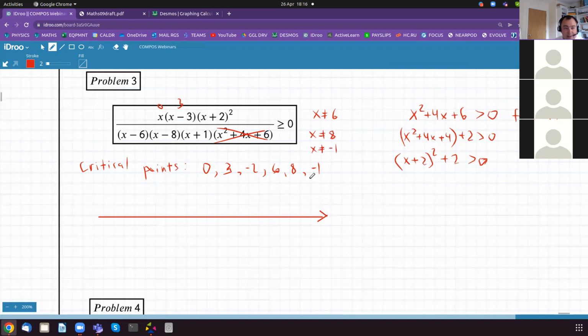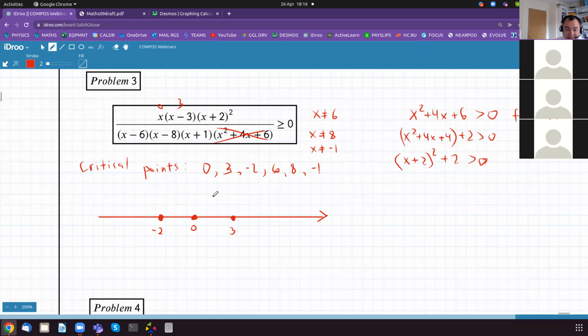Now we draw the points. Because it's greater than or equal to 0, we start putting the critical points. 0 is going to be shaded because it's a non-strict inequality and x can be 0. X equals 3, also shaded because x can be 3. -2 also shaded because x can be -2.